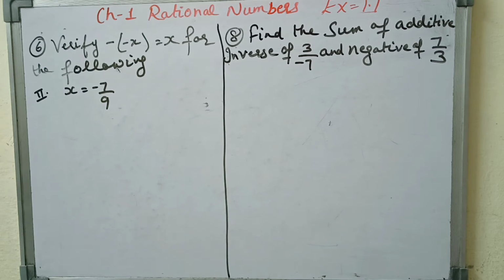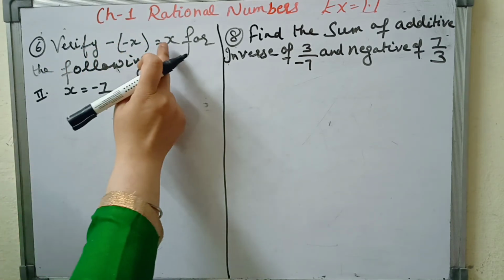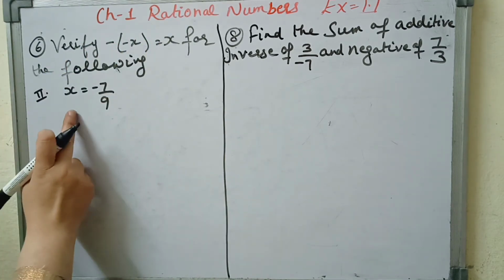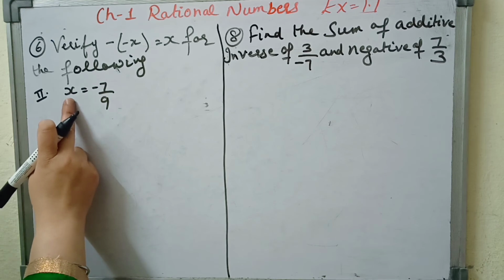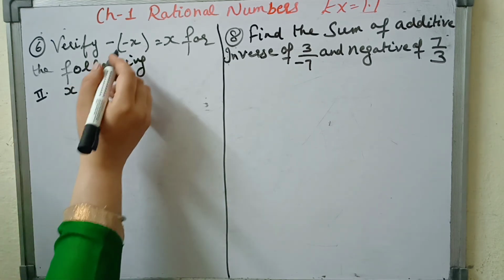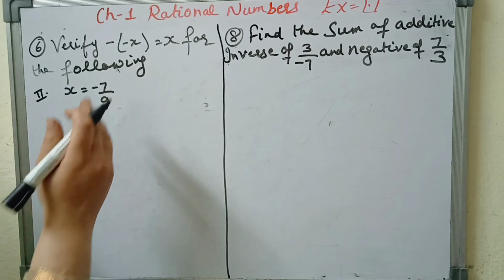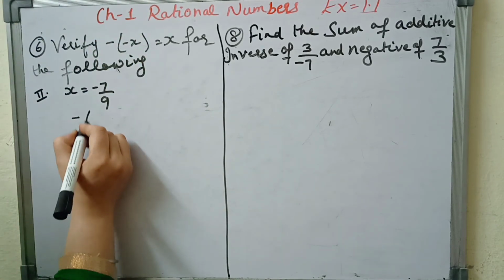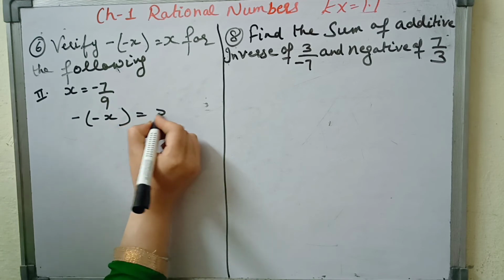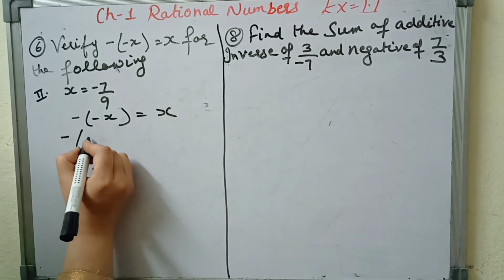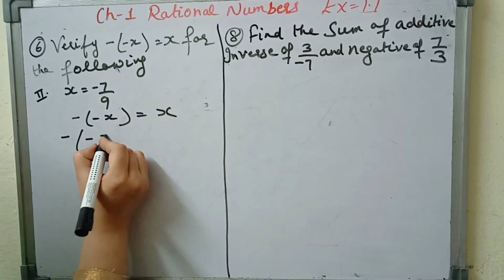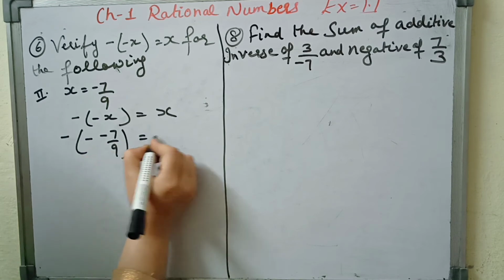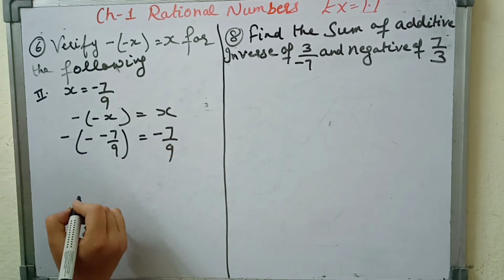Number 6. Verify minus of minus x equal to x for the following. And the part 2 is x equal to minus 7 over 9. We have to verify, that is, we have to make left hand side equal to right hand side. And the statement is minus of minus x equal to x. We simply put the value of x here, that is minus 7 over 9, and also there is minus 7 over 9.